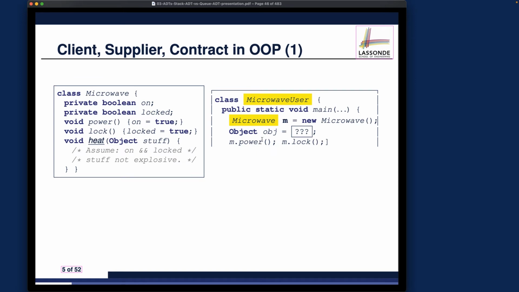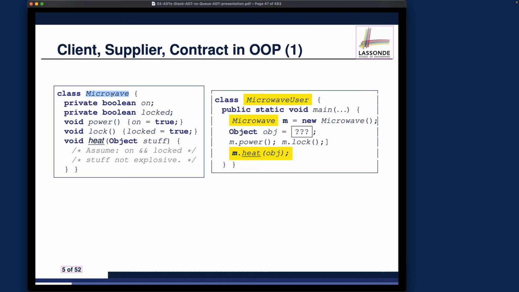And we say before we try to heat up the objects, we want to make sure we turn on the power and also lock it over here. And there is a minor typo over here. There should not be this closing square bracket over here. I'm going to fix it. Okay. And also we got m.heat. So you can see heat is actually a method that's declared in the microwave class.